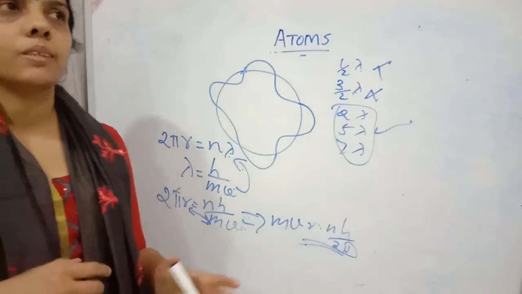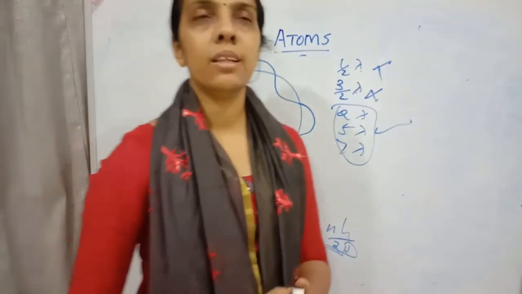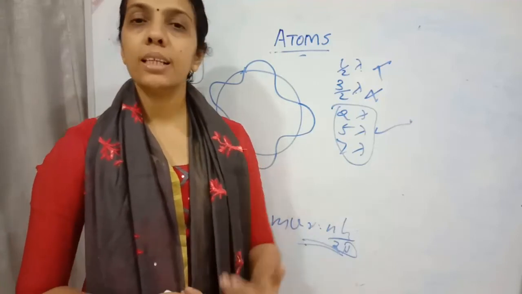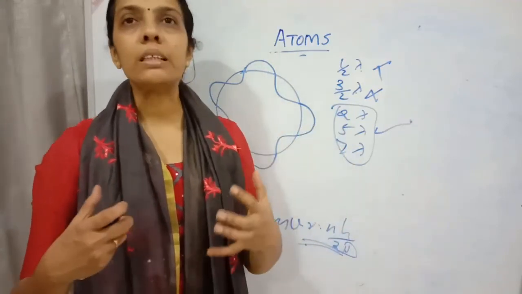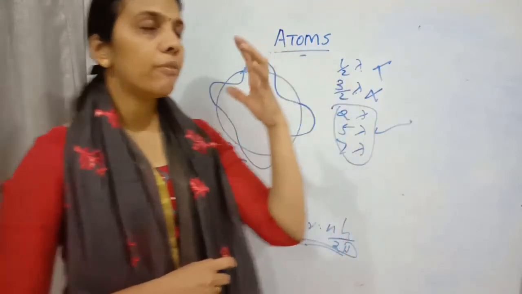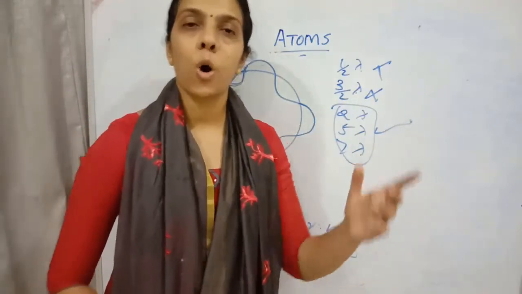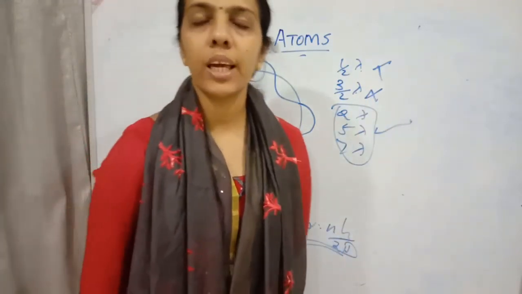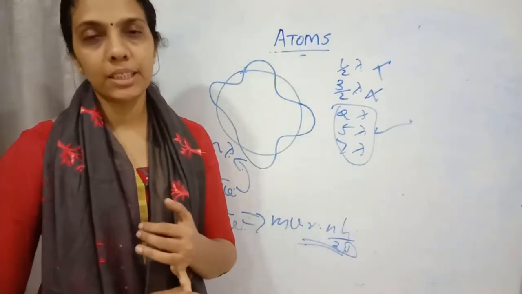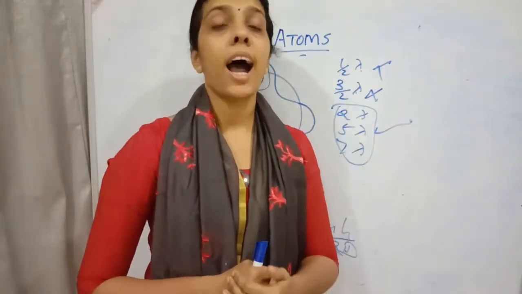Even if we accept Bohr's model as the most suitable model of the atom, it has some limitations. The major limitations are: it can have elliptical orbits also, but everywhere we are telling it is circular, and it does not give any evidence that the orbit is circular in shape. Then the Bohr atom model gives an explanation only for the hydrogen atom.